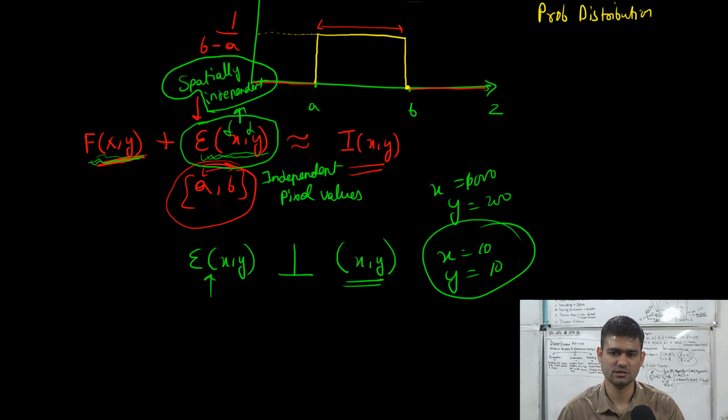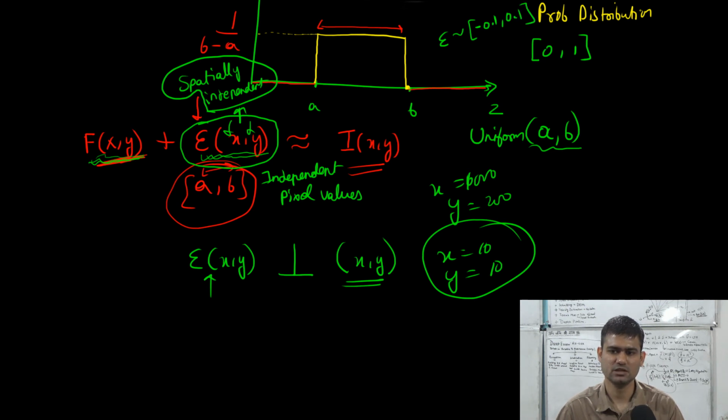For each of these locations, epsilon would follow uniform distribution between A and B, where A and B are some values. For example, if we are using normalized intensity values, where pixel values lie between 0 and 1, then we can assume that our epsilon follows a uniform noise between, let's say, some small values, negative 0.1 to 0.1.